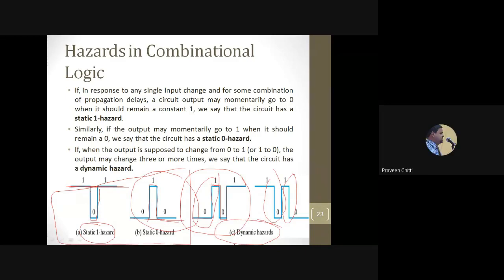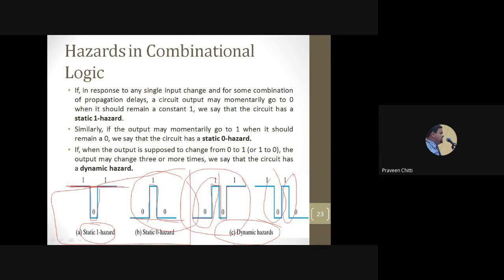Static 0 hazard means the output should remain at 0 only, but momentarily it goes to 1. That type of hazard is called static 0 hazard. Then static 1 hazard means the output should compulsorily remain 1, but momentarily it changes to 0.